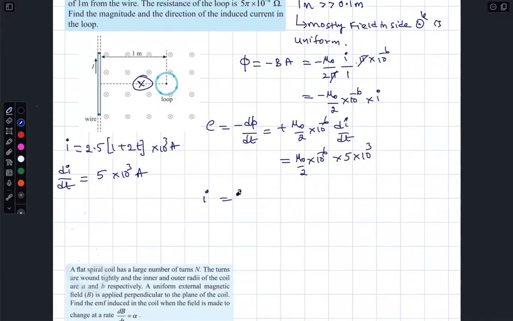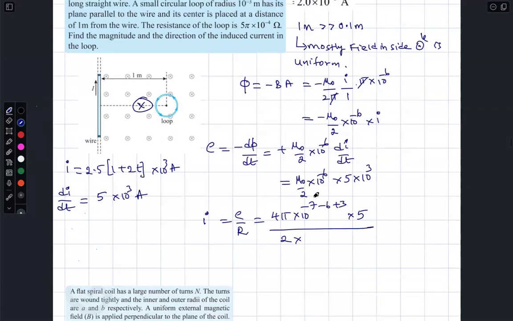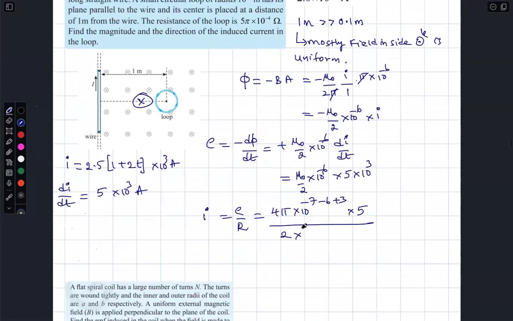current I is EMF by resistance. Mu naught means 4 pi into 10 power minus 7, minus 6 plus 3, into 5 by 2 times. One more point, resistance of the loop is 5 into pi into 10 to the power of minus 4. 5 cancel, 2 cancel, pi cancel.